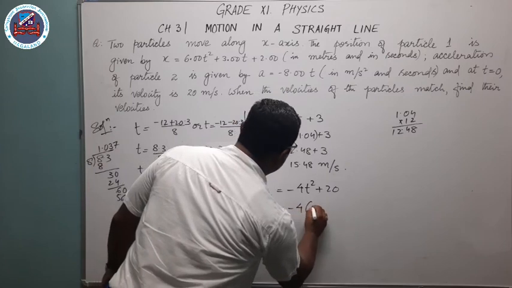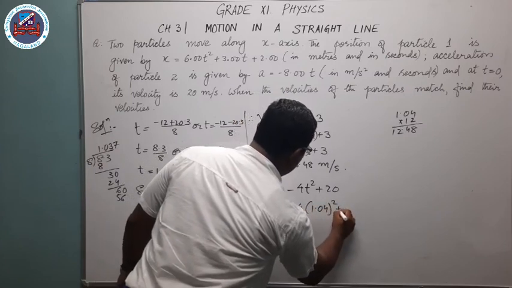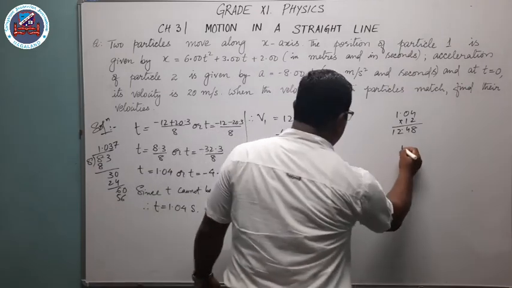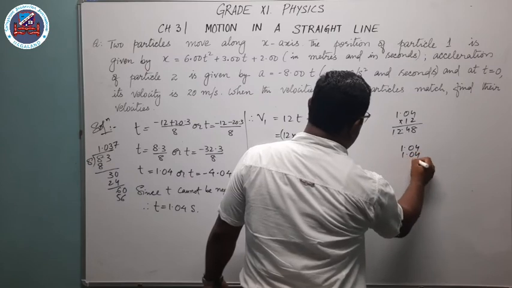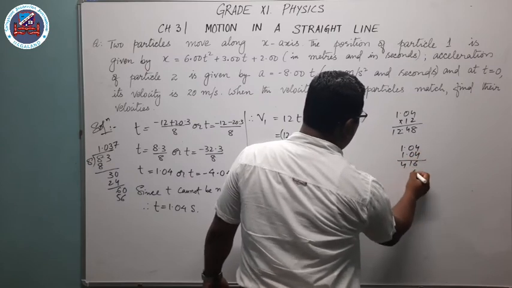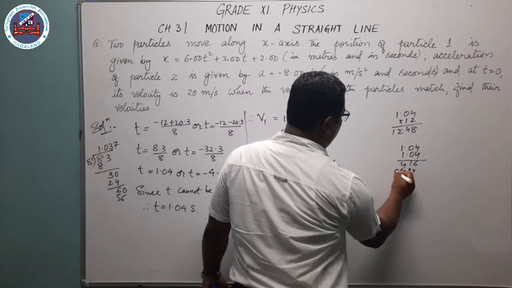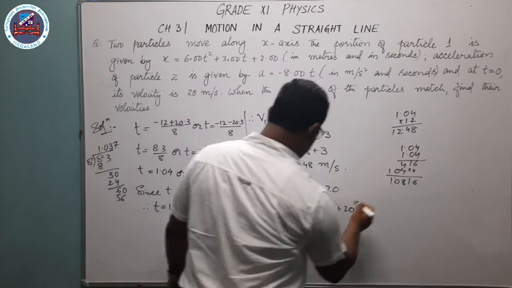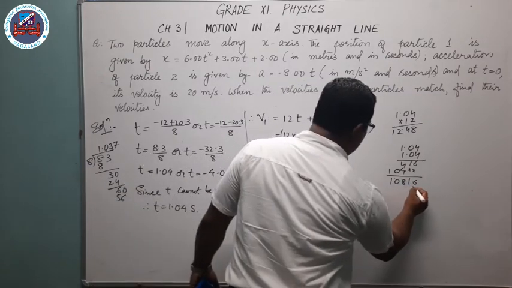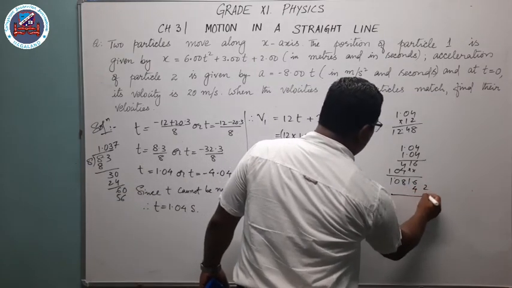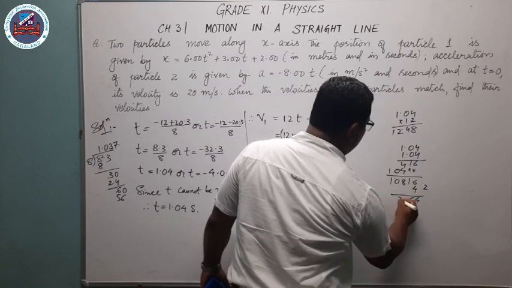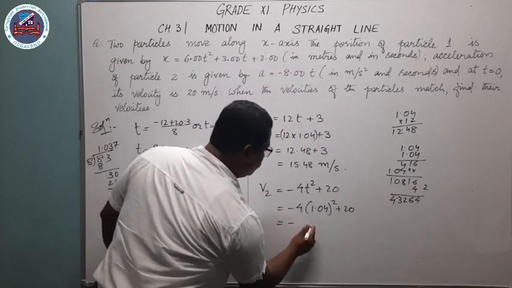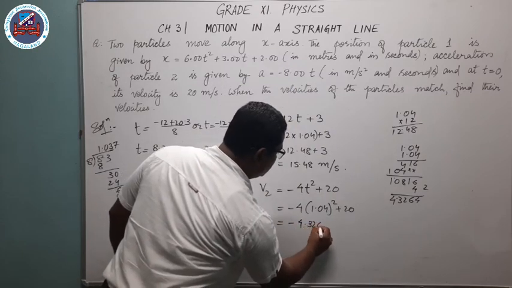Minus 4t squared is minus 4 into 1.04 squared, plus 20. 1.04 squared is 1.0816, after the decimal 4 digits, into minus 4 gives minus 4.3264.